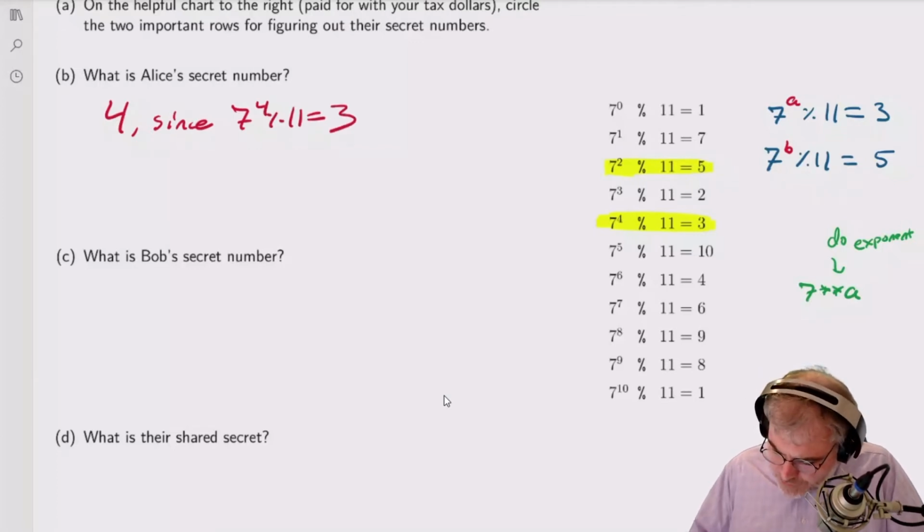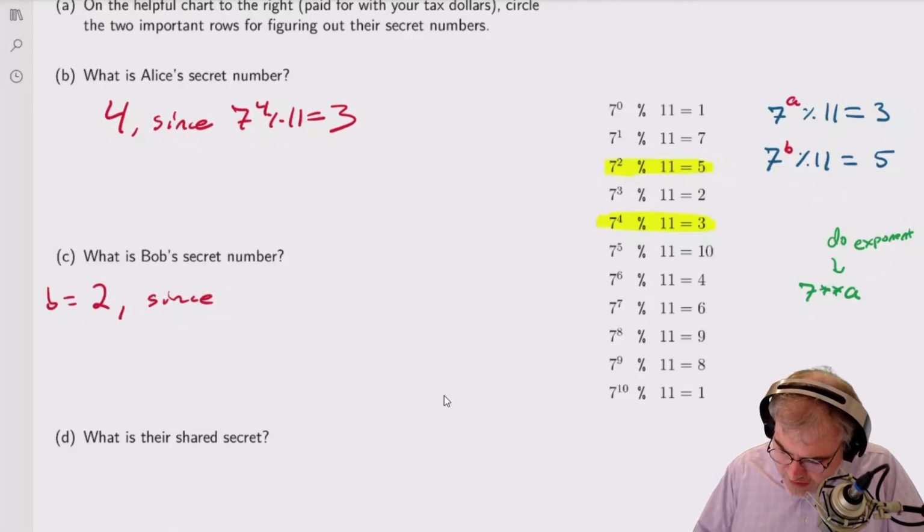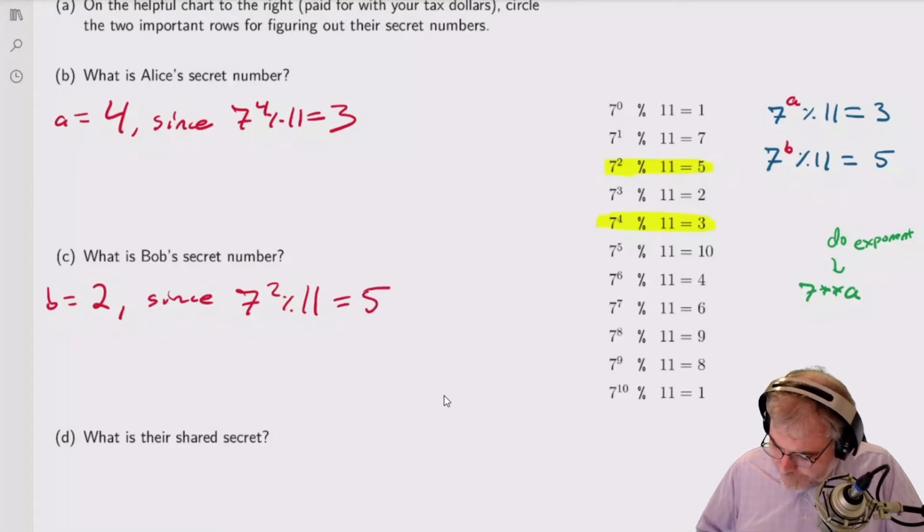Likewise, Bob's secret number was 2, since I could do B equals 2, A equals 4. 7 squared mod 11 equals 5. Okay, so how do we feel about that, 1 to 5?